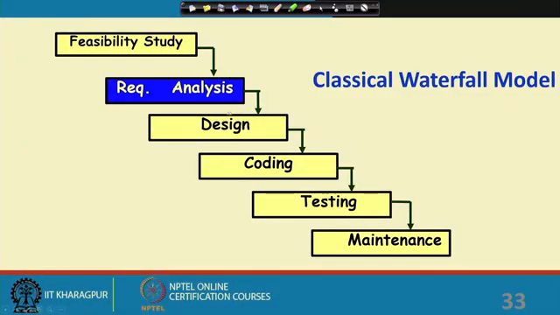We will continue from where we ended last time, and we will look at the second phase of the classical waterfall model, which is requirement analysis. So, look at requirement analysis and specification.